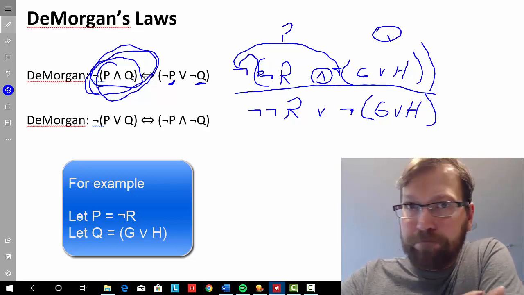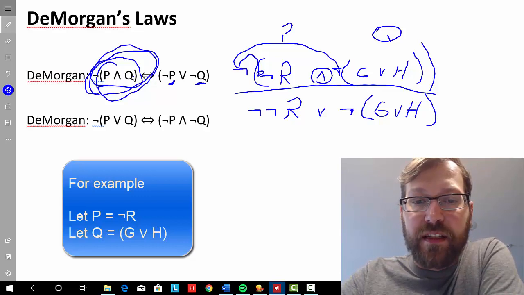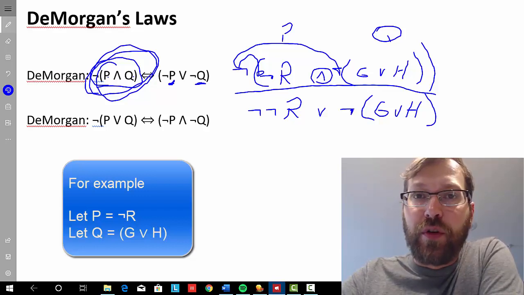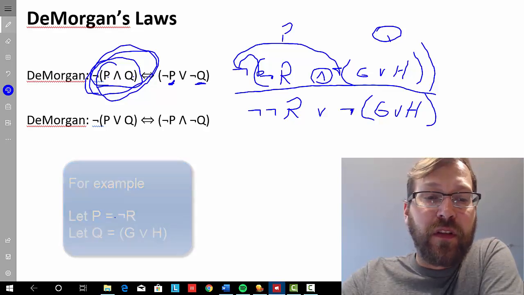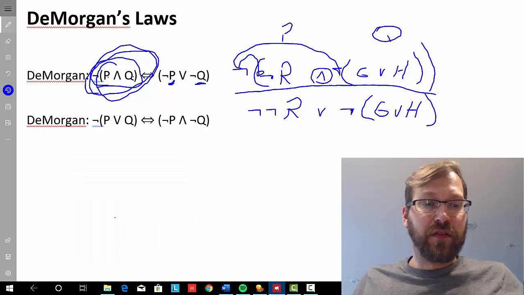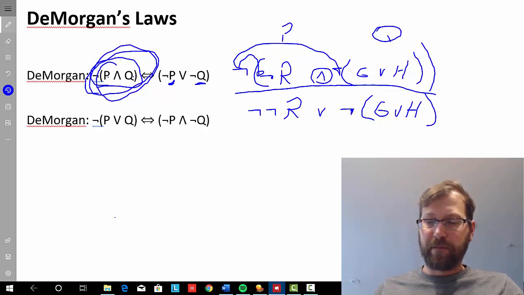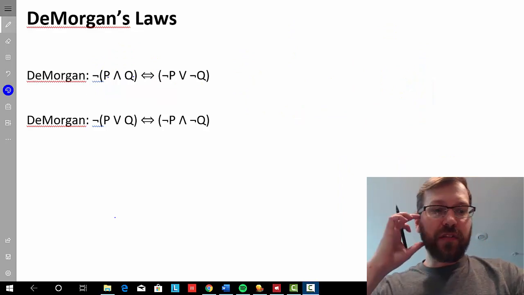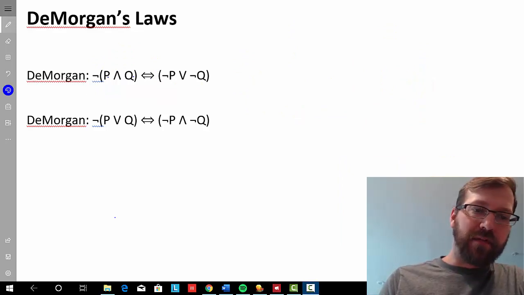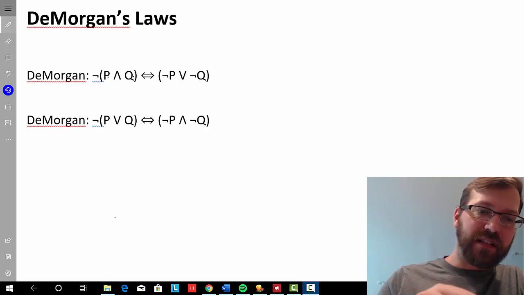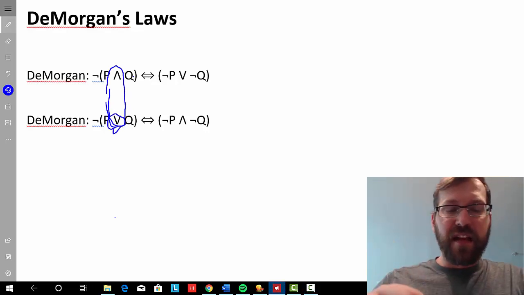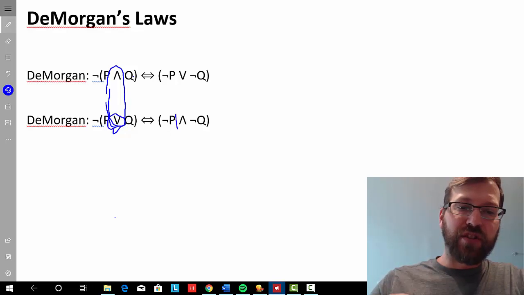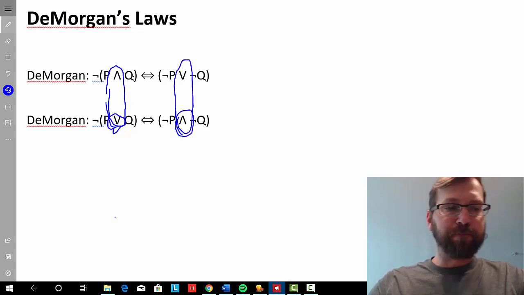So keep in mind, all we're looking at here is the patterns by which we can use DeMorgan's law to get ourselves a logically equivalent sentence. All right, let's look at this other instance of DeMorgan's law. This other instance looks very similar to our previous instance, except instead of the conjunction sign, we're starting off with a disjunction sign, and then we're ending up, instead of a disjunction sign, with a conjunction sign.